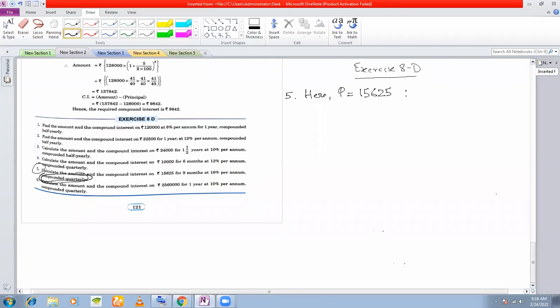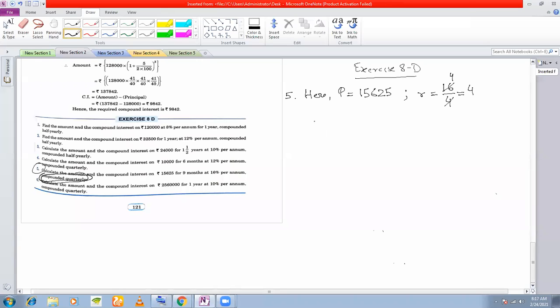So therefore, here the rate is 16%, and since we are dividing the entire year into 4 equal parts, we must divide the rate by 4 and not by 2, because there it was half yearly in the previous problem. In the previous problem, we were dividing the year into 2 equal parts. Here, because the interest is compounded quarterly, we are dividing the year into 4 equal parts. So therefore, we divide it by 4.